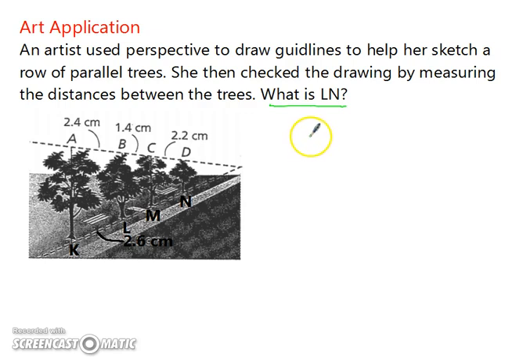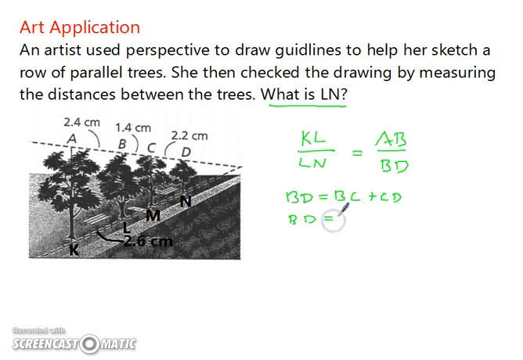Since they're all parallel, we can state that KL over LN must be equal to AB over BD. We also know that BD equals BC plus CD, which is 1.4 plus 2.2, which is 3.6 centimeters.